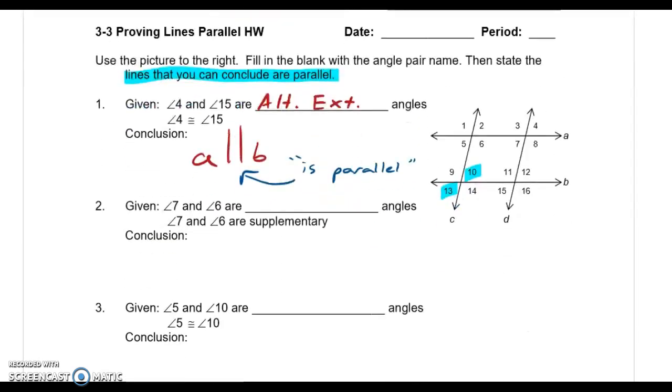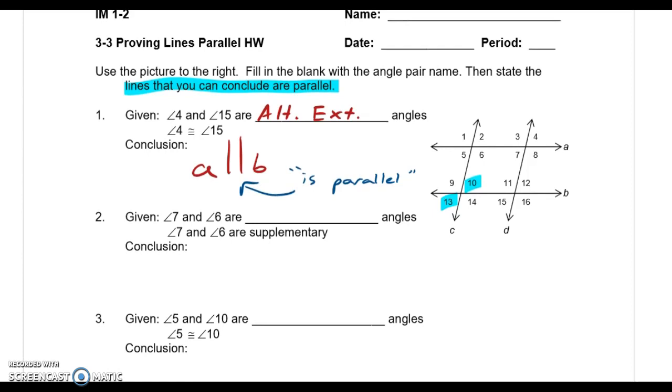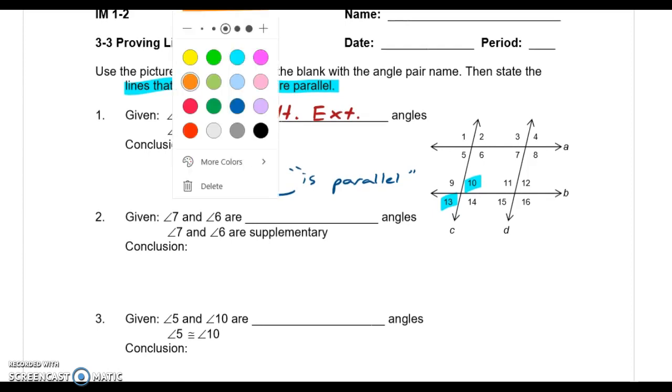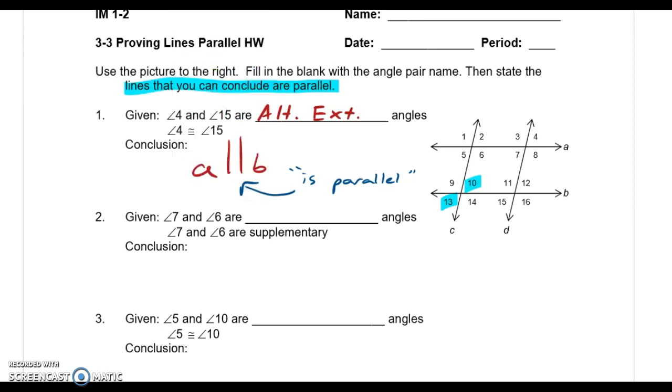Conclusion. I'm going to highlight again everything that's touching those two. C is touching 13 and 10. B is touching 13 and 10. And that's it.